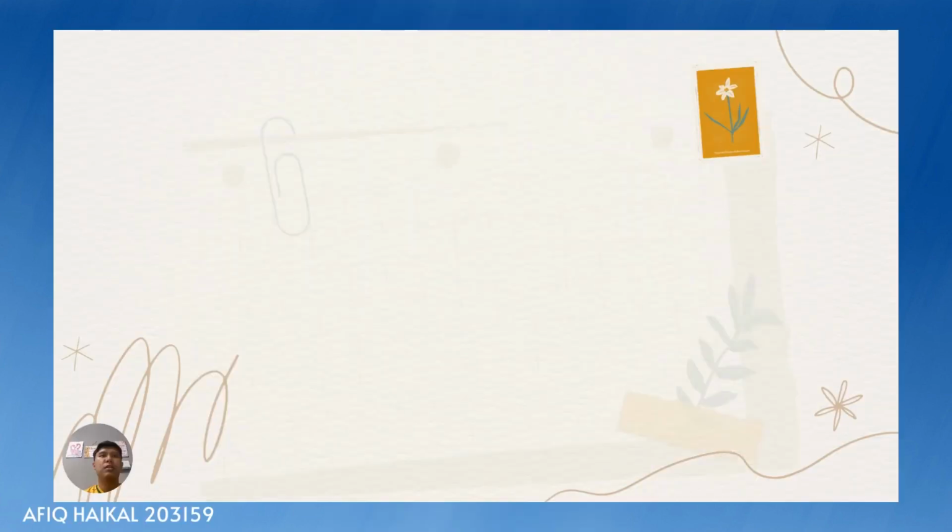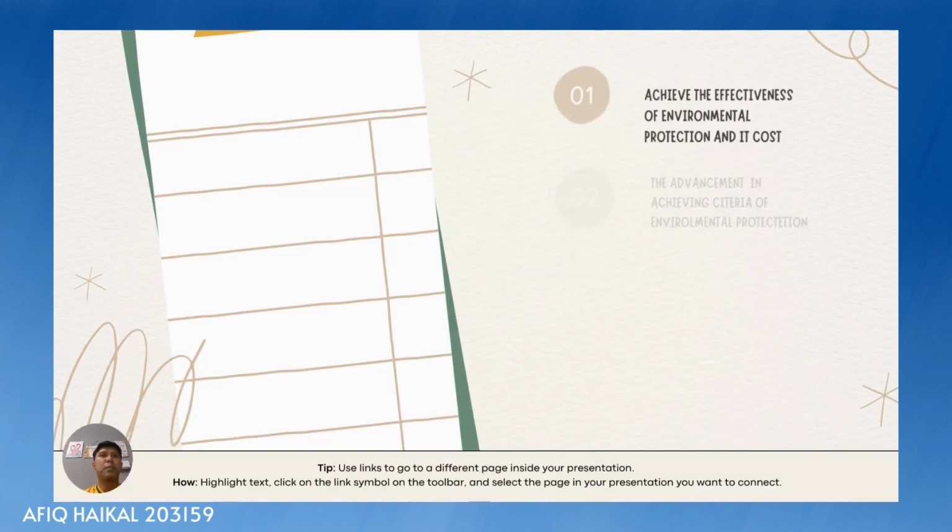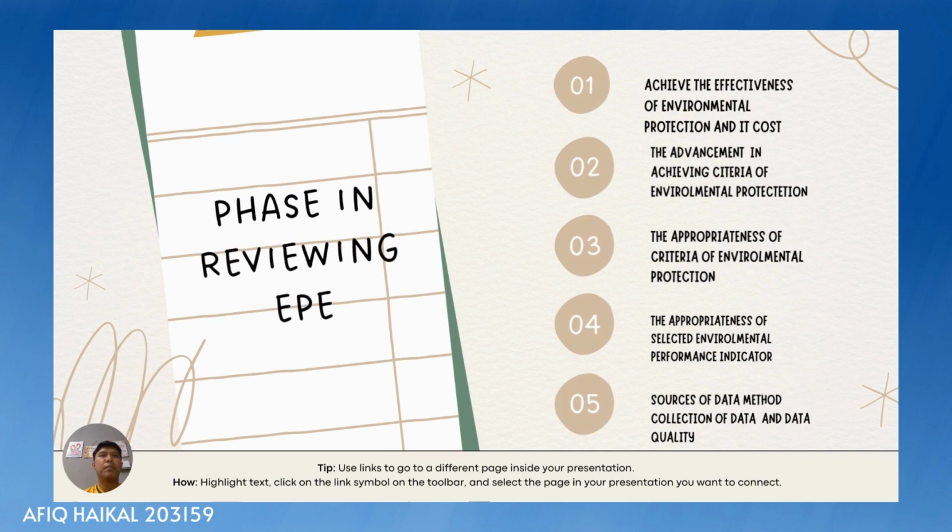Next is phases in reviewing EPE. Purposes in reviewing EPE: first is the effectiveness of environmental protection and its cost. The second is the advancement in achieving criteria of environmental protection.